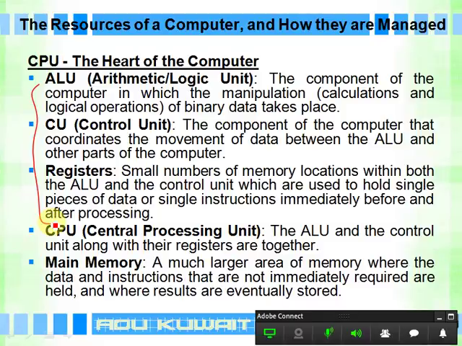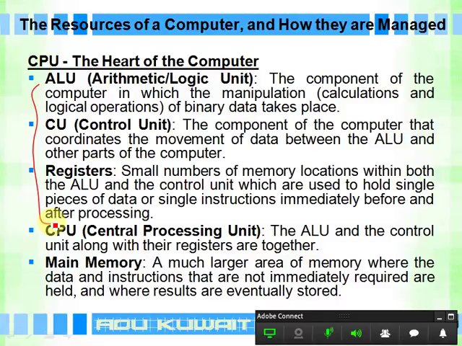CU is the component of the computer that coordinates the movement of data between the ALU and other parts of the computer. It is the control unit, controlling the instructions, what is coming, what is going. Registers are small memory locations in which recently used data is stored while processing is going on.